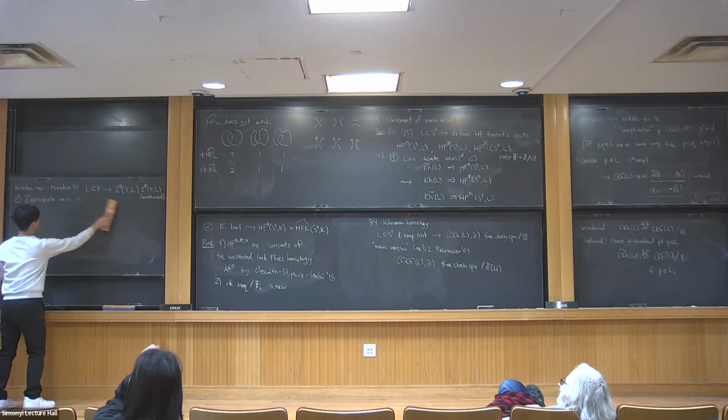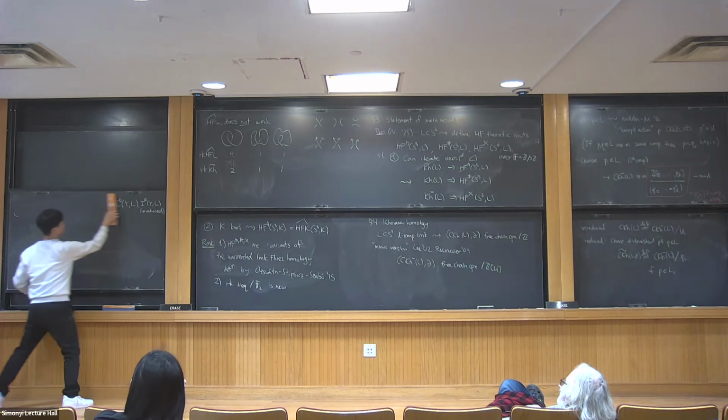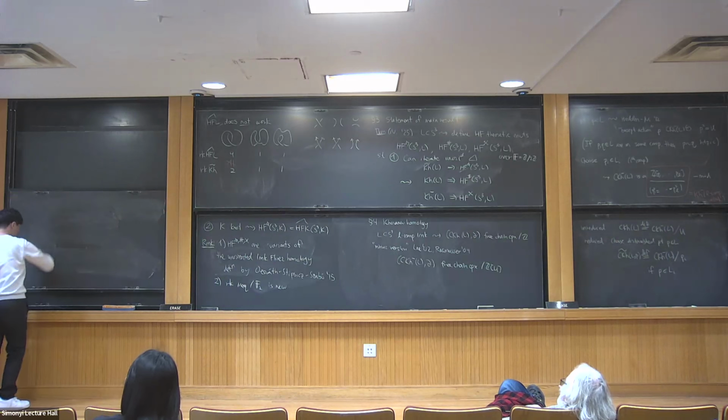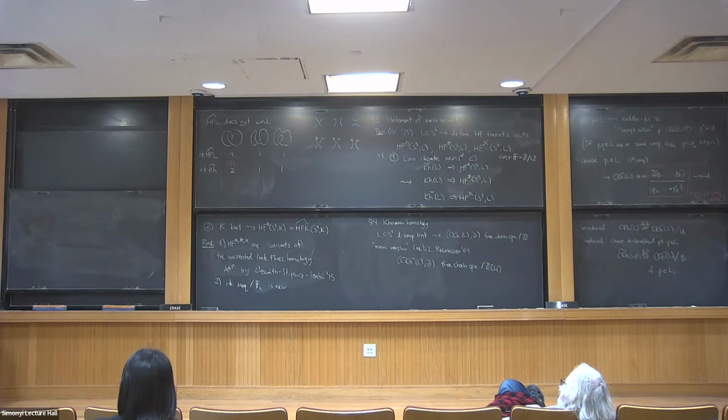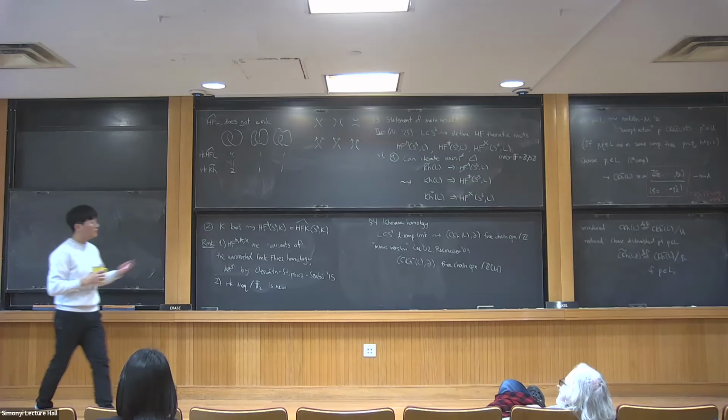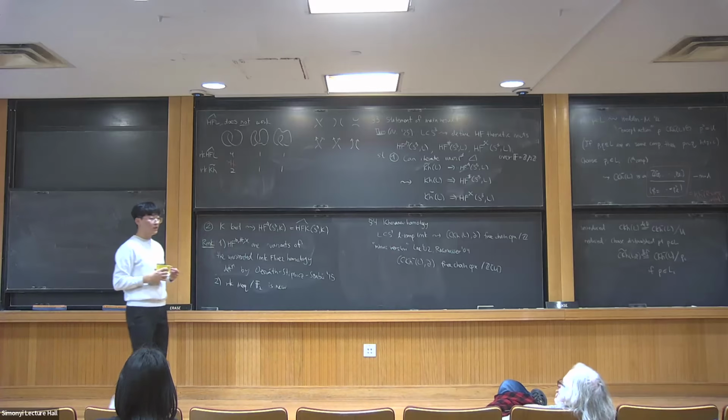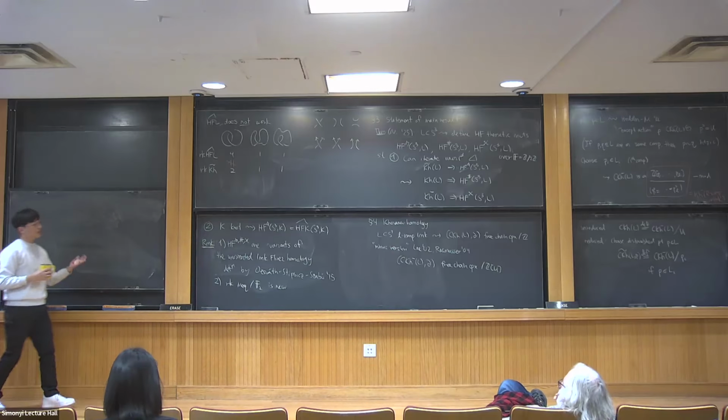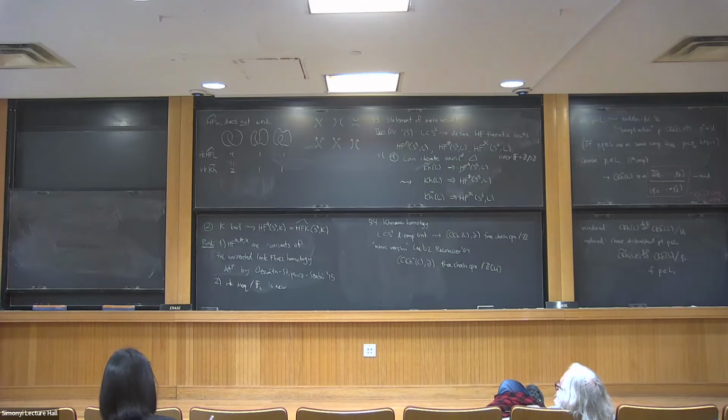Maybe it's good to mention that for the unknot, the rank of unreduced Khovanov homology is 2, and the rank of reduced Khovanov homology is 1.